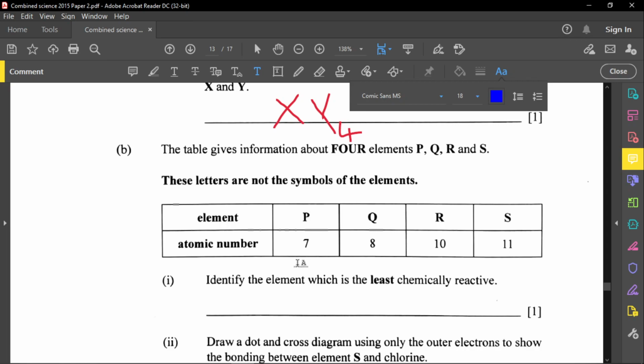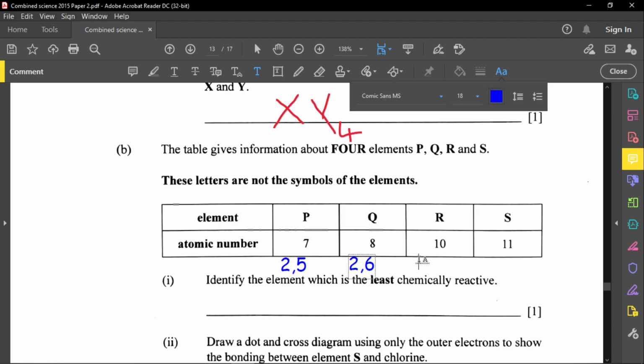And so the one that is the least chemically reactive is the one that has a full valence shell. And so how we're going to do it is find out the electron configuration here. Let's think about this. For the 7 it is going to be 2 and 5. For the 8 it will be 2 and 6. Okay, so I'm going to show you something real quick.